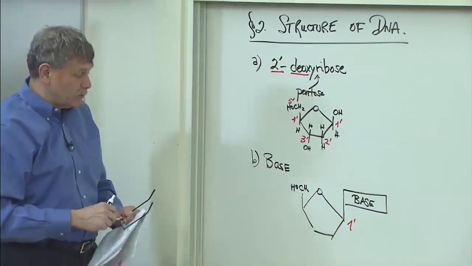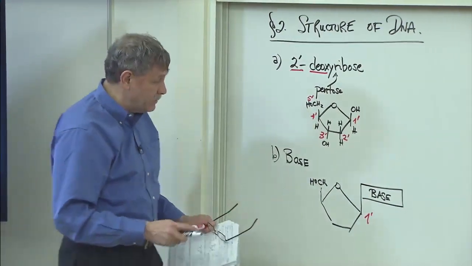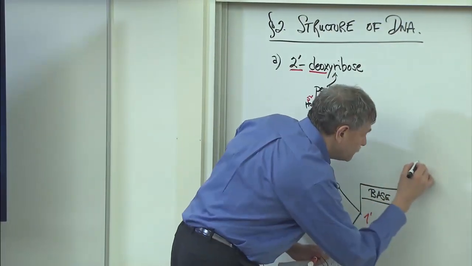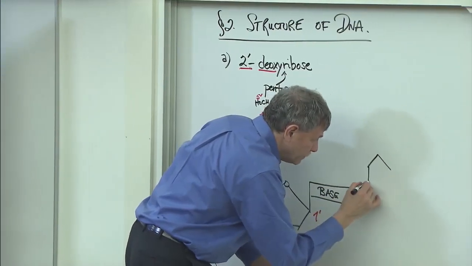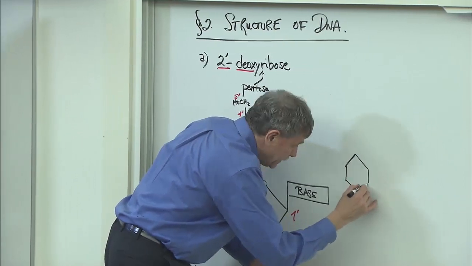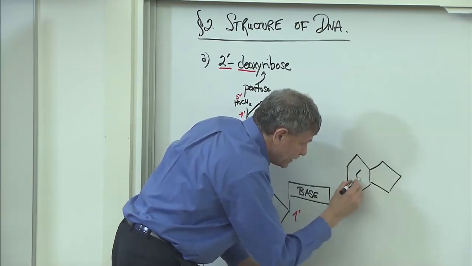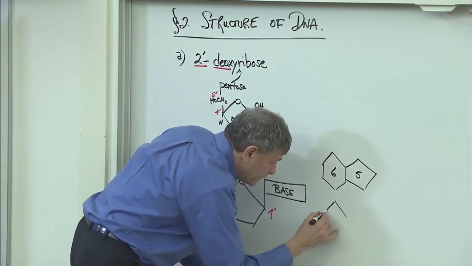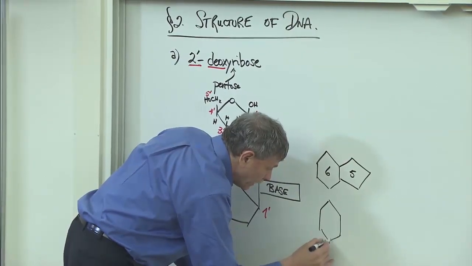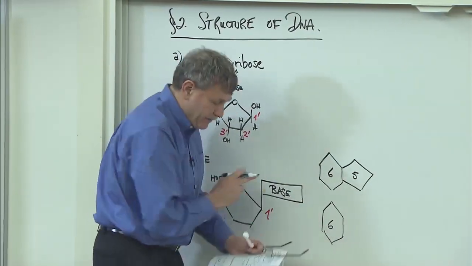That's where the base goes. There are 4 types of bases. Two of them have a 6-membered ring and a 5-membered ring, a 6 and a 5, and 2 have just a 6-membered ring.